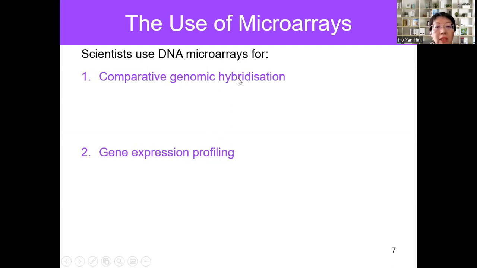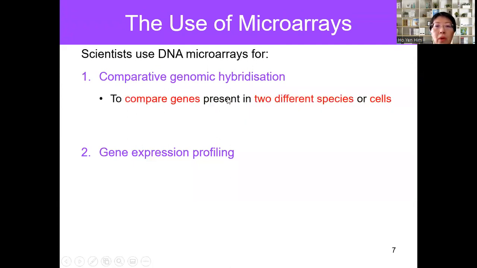Comparative genomic hybridization means we use a microarray to compare the genes between different species, different individuals, or different cells. Hybridization means joining them together with the DNA probe in the microarray.